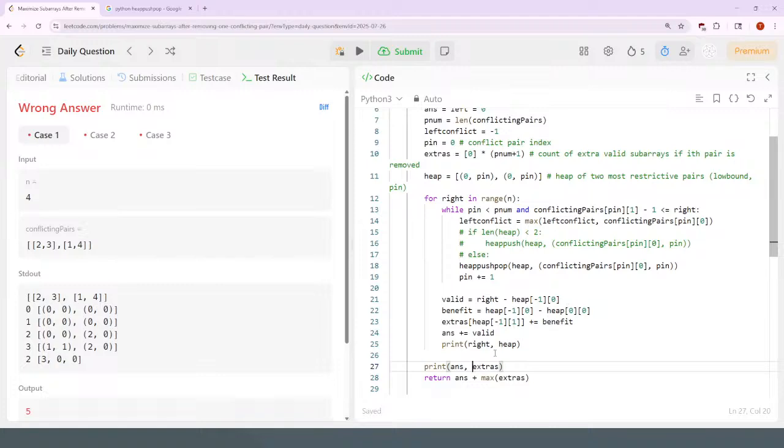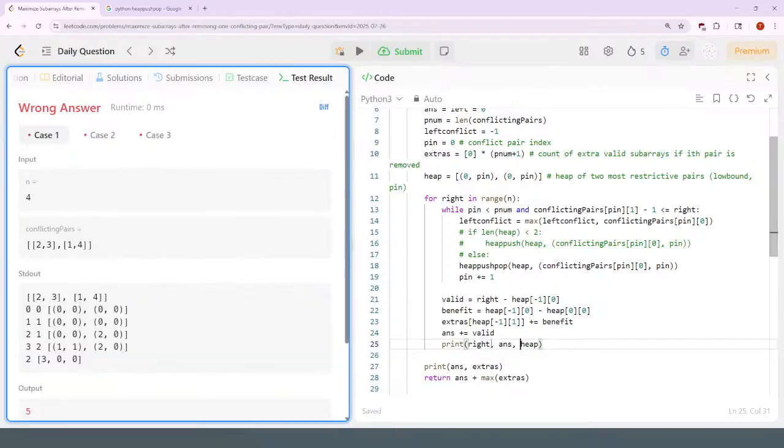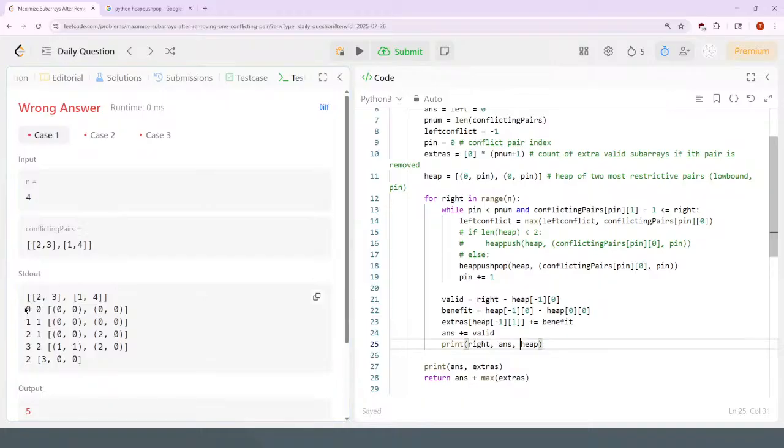Okay, let me go ahead and print out the right and then the answer at this point. Got 1 here and 1 here, interesting. So when it's 0, 0 is the right index. Okay, it should actually be -1 here, I think. 0 is the right index, yeah, okay.